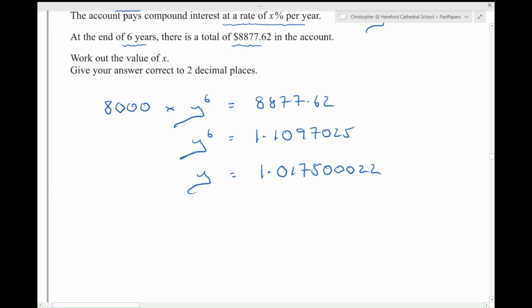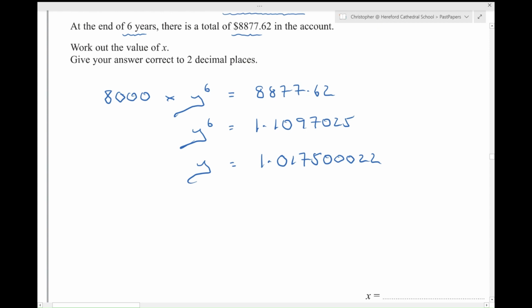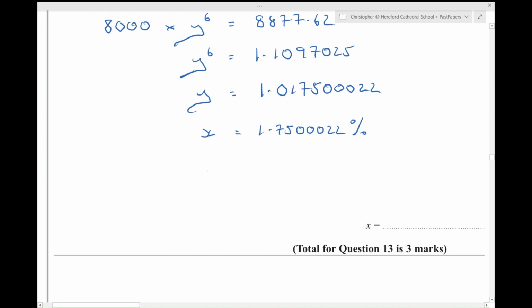Right, so it looks like then if that's the multiplier, then the interest rate x must be 1.750022%, because that's what it's increased by every year for 6 years. And it asked me to find x to 2 decimal places, so my answer is going to be 1.75% to 2 decimal places.